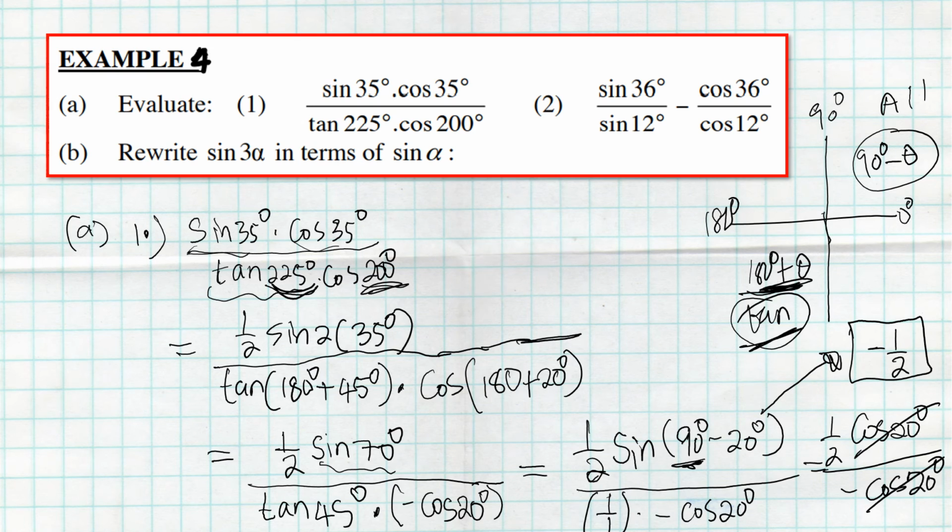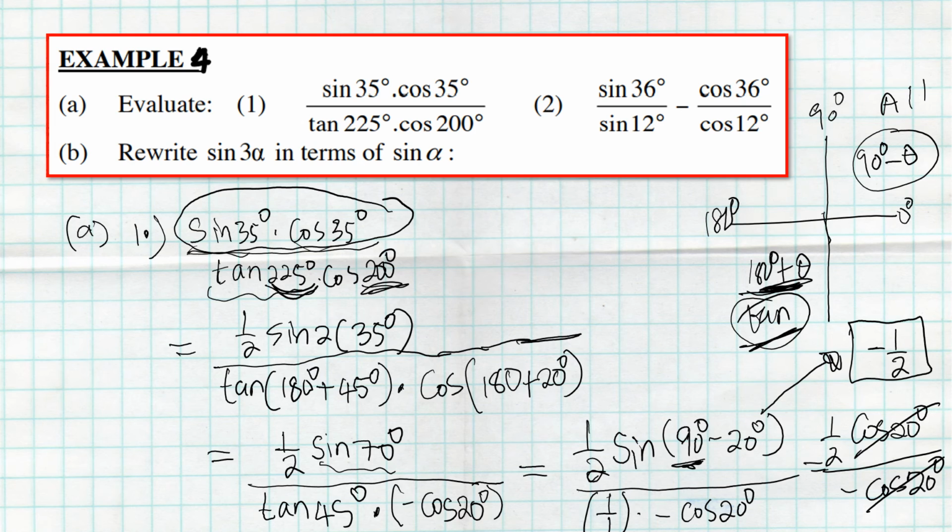So you can see that in this example 1, we use our knowledge. If you don't know how to reverse those expressions back to a double angle identity expression, you wouldn't be able to solve it and get the answer.